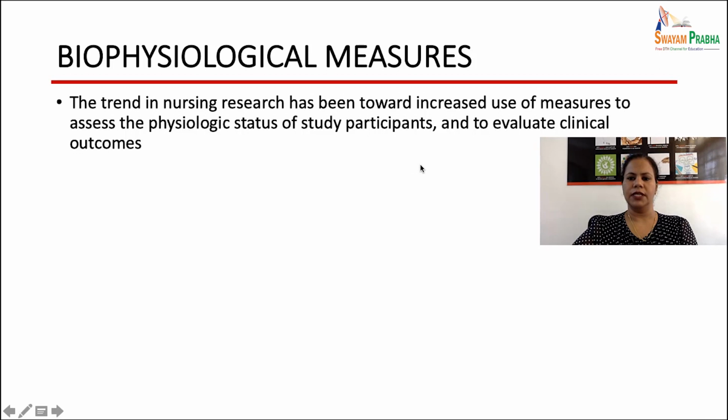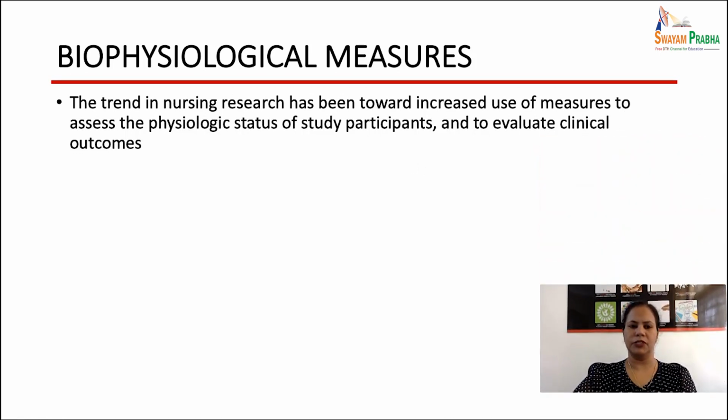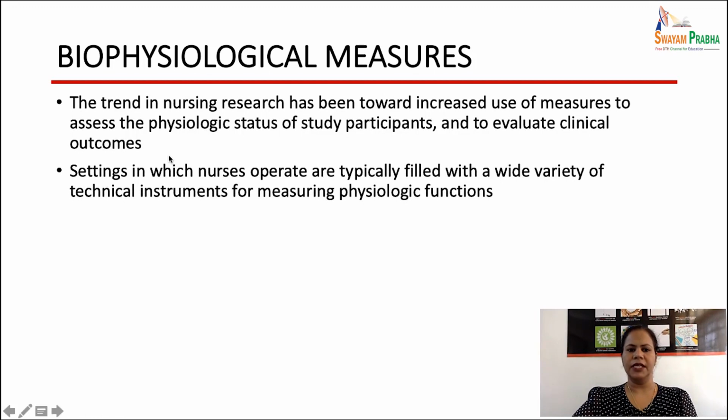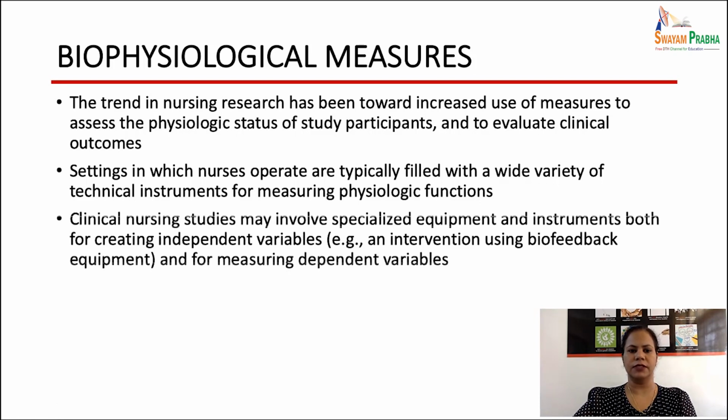Then usually we have to go for these physiological measurements. And settings in which nurses operate are typically filled with a wide variety of technical instruments for measuring the physiological functions. So as nurses, we work in the hospitals or in communities, and whenever we are taking care of the patients, we use a number of equipments, a number of instruments which are helpful in measuring the physiological functions.